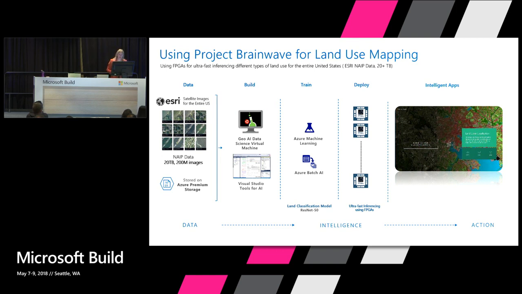And then finally, we deployed these out to FPGA. This is ultra-fast inferencing, so you're basically calling it and getting a response. It's funny, we were running it on a cluster of 800 FPGAs, and we actually needed 80 virtual machines just to get data fast enough to keep the FPGAs busy. But very, very cool stuff.